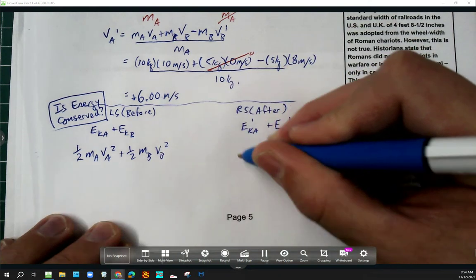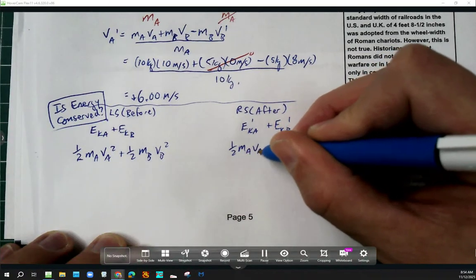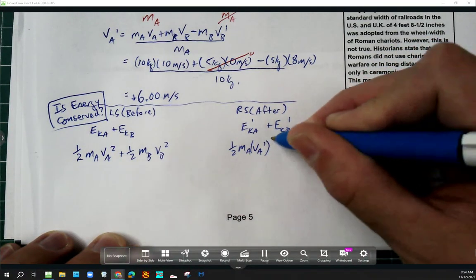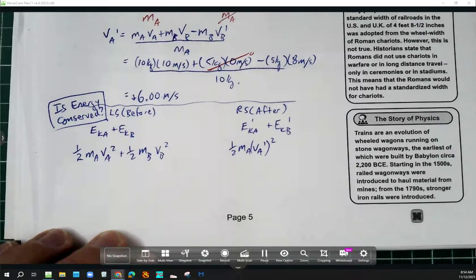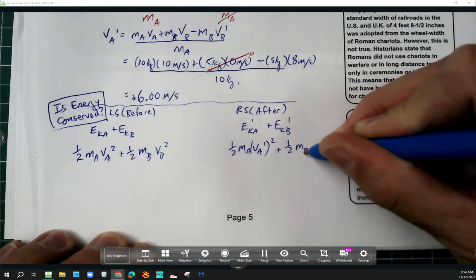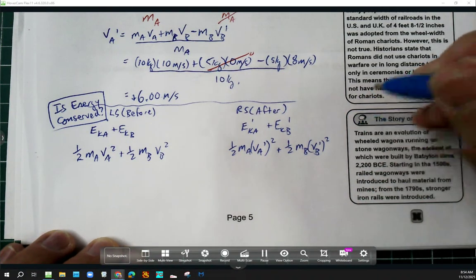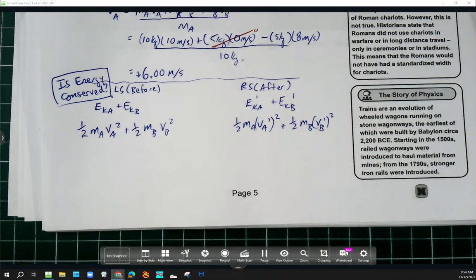And then likewise for the after, 1/2 MA (VA prime). This is a little bit ugly. I like to put my VA primes in a bracket so it doesn't look like VA to the power of 12. Not that you were going to do that, but it's just one of the annoying parts about prime notation.